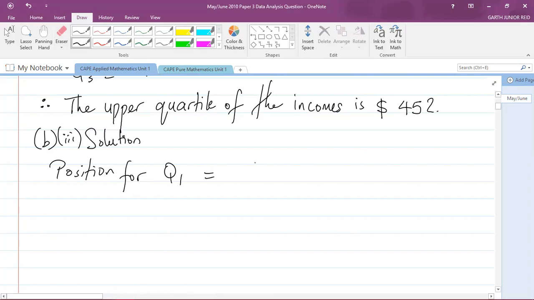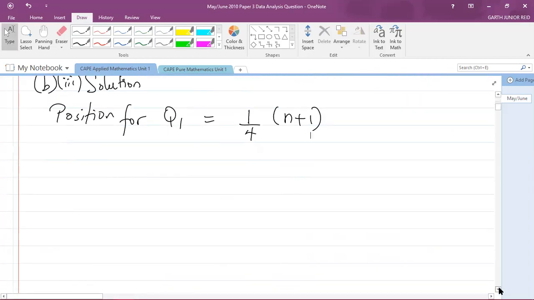That is going to be equal to 1 out of 4 multiplied by n plus 1. We know what n is already. n is 14, so that's 1 over 4 times 14 plus 1, which is 1 over 4 times 15.